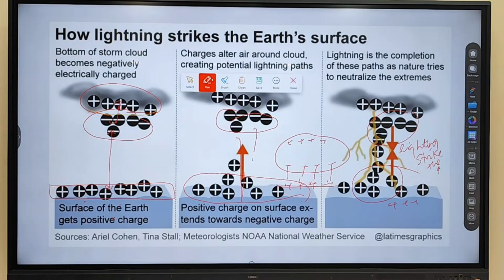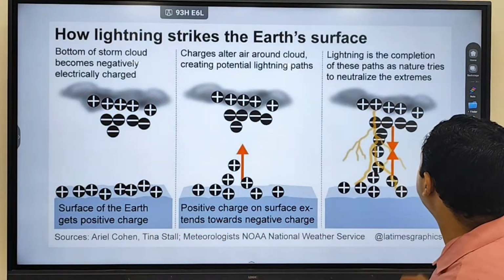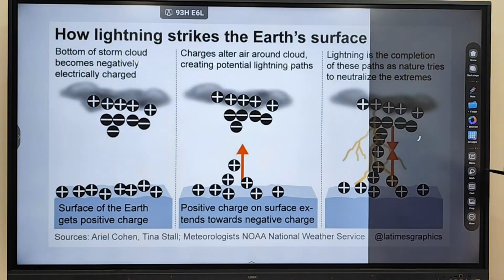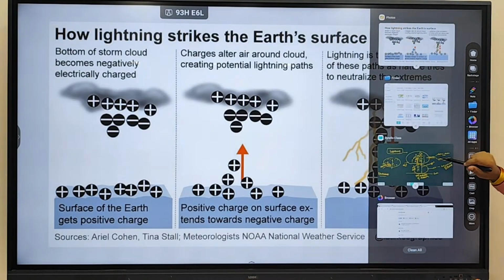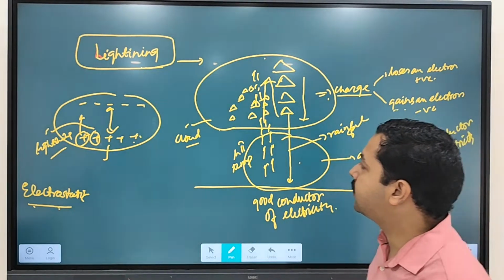Now, just now we discussed air is which type of conductor? Air is a bad conductor of electricity. Clear? So we have written air is a bad conductor of electricity.